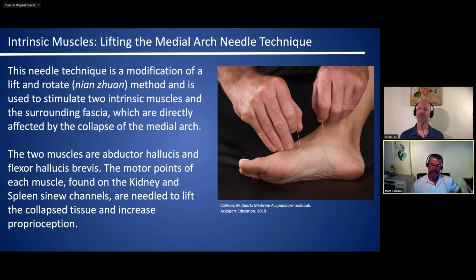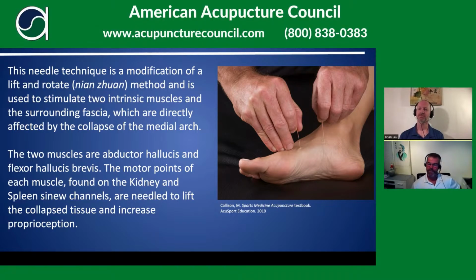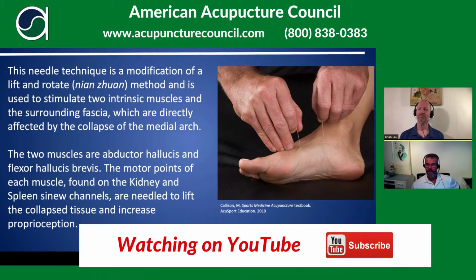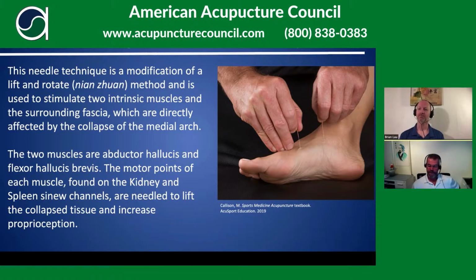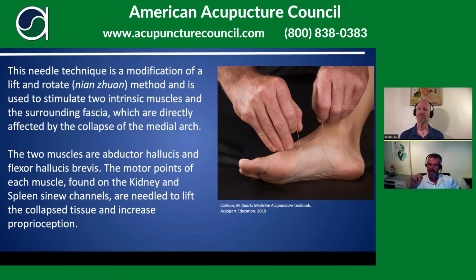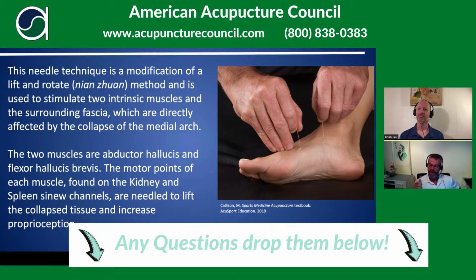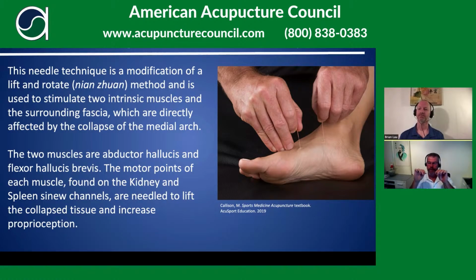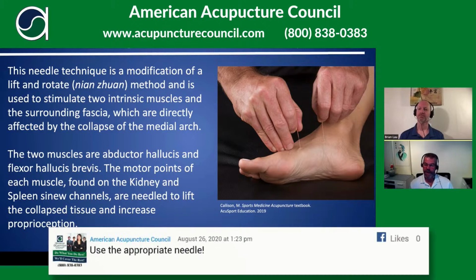So the two muscles we're needling here are the abductor hallucis and the flexor hallucis brevis. The motor points of each muscle, found on the kidney and the spleen sinew channels, are needled to lift the collapsed tissue and increase proprioception. So you're needling underneath kidney 2, and also halfway between spleen 3 and spleen 4, going into the muscles themselves, twisting the needle to patient tolerance, and then gently lifting that arch up, so that you are starting to change the proprioception.